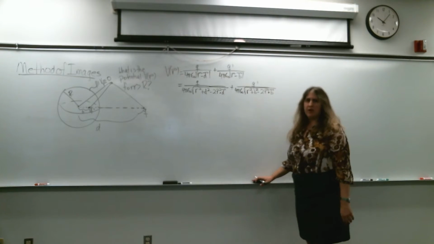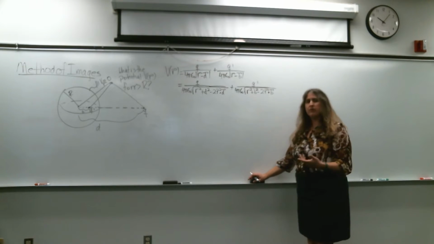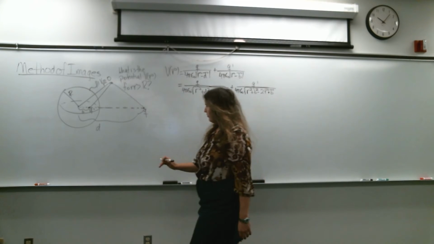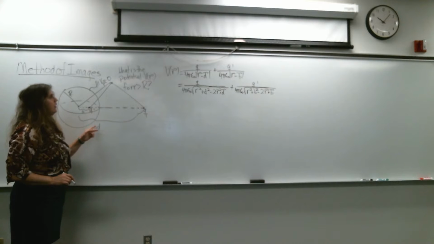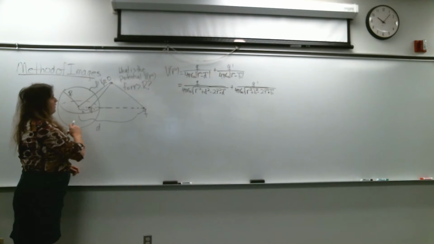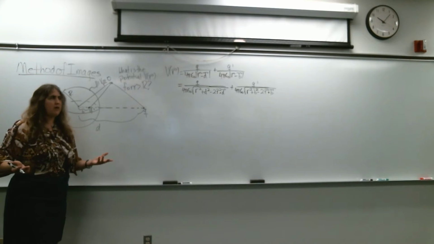Now remember what the dot product is. It will give you the magnitude of those two vectors times cosine of the angle between them. Well, these guys lie along the same axis, so the angles between these two vectors, r and d, and r and b, are going to be the same.